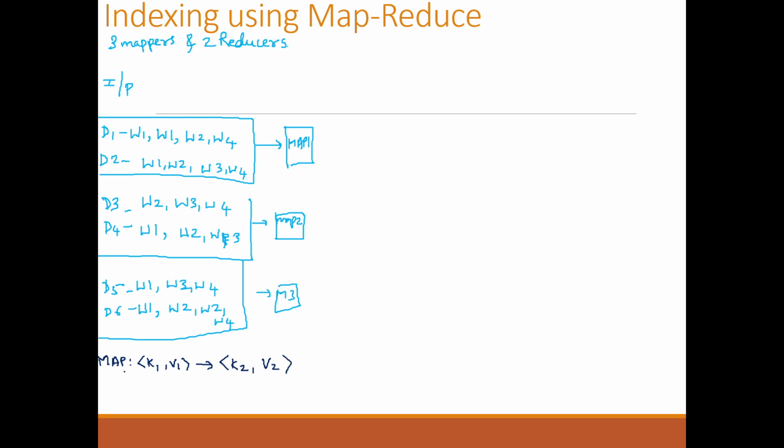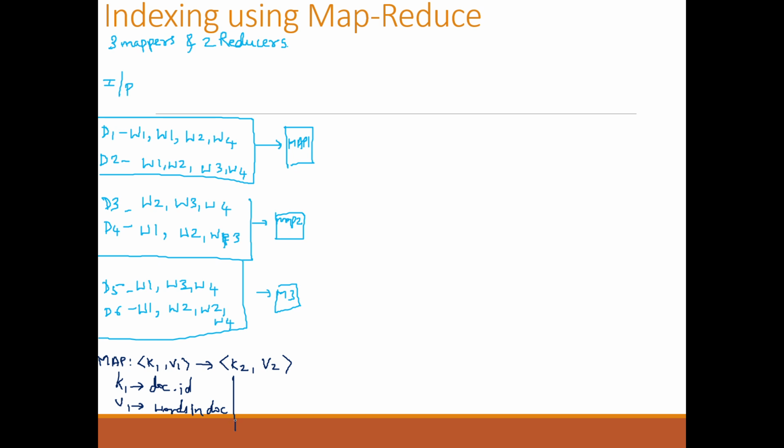So k1, the key, is nothing but the document id or the name of the document, and the value is the words which are present in the document. This is the input that we are expecting in this case.